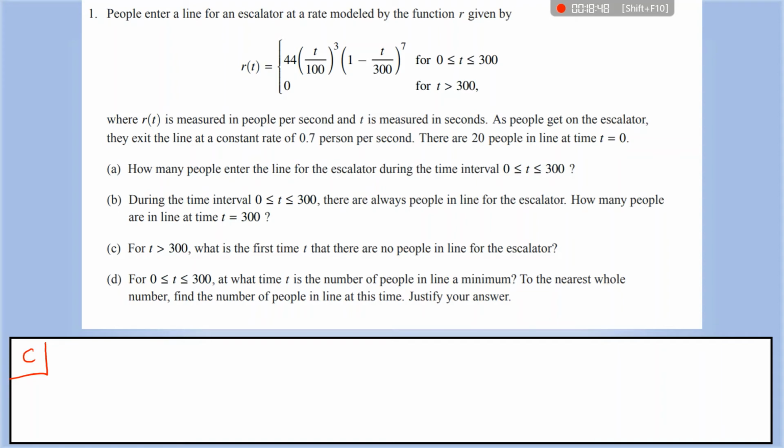Okay, so this rate says we have no more people entering line after 300 seconds. And then how many people did we have in line at 300 seconds from the last problem?